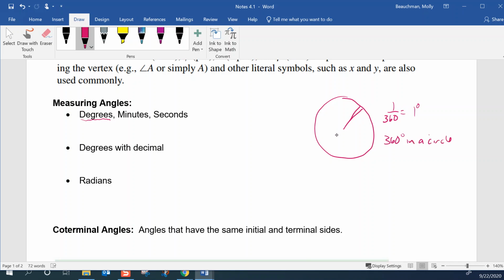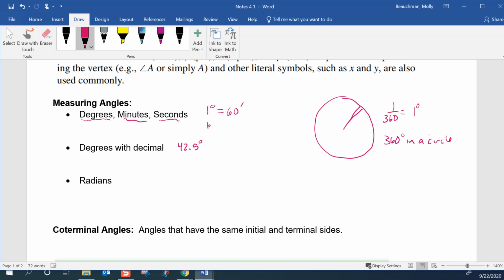So degrees can be measured with a decimal. If the degrees are measured with a decimal, something like 42.5 degrees, that tells you it's 42.5 of a degree. But degrees can also be measured in minutes and seconds. So taking this 1/360, 1 degree can also be expressed as 60 minutes.